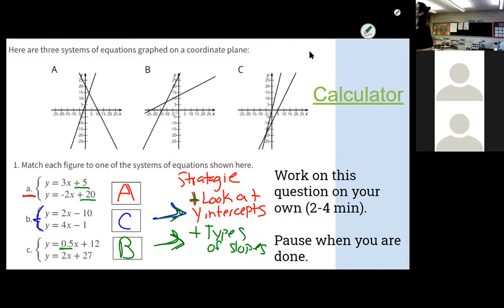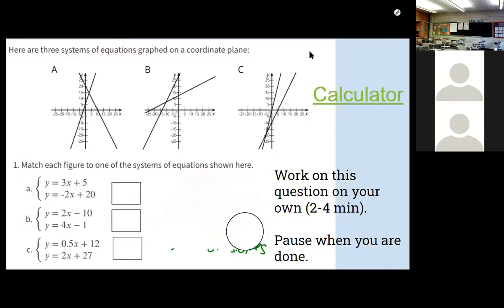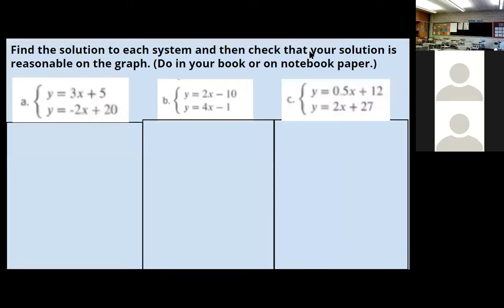So now for the next section of this, I'm going to be using the document camera because I'm going to be showing you how to solve systems of equations, okay? So you're writing down these strategies. I'm erasing the first piece of this so that you can still copy down your strategies. On this slide, I linked in a calculator on this link right here.